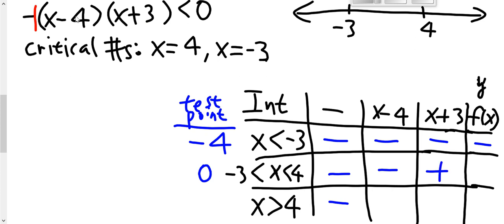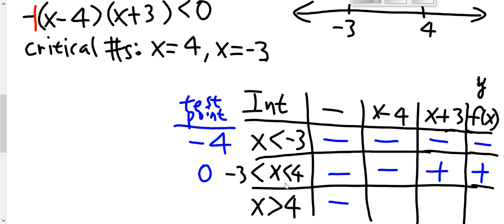If you look at these two, negative times positive gives you negative. But then there's a negative to apply to that. So negative times positive gives you positive. So see how the negative sign, even though it's just a sign, can totally change things.